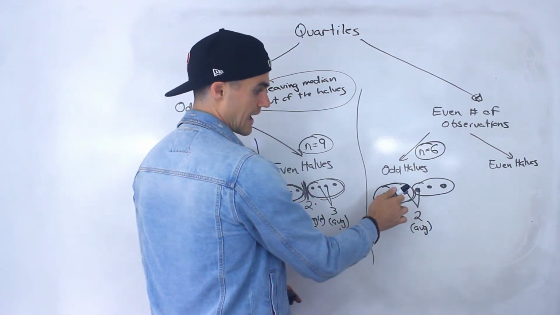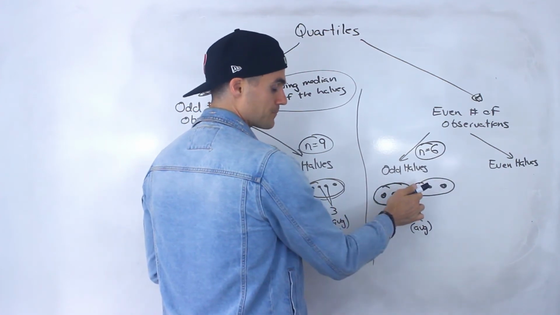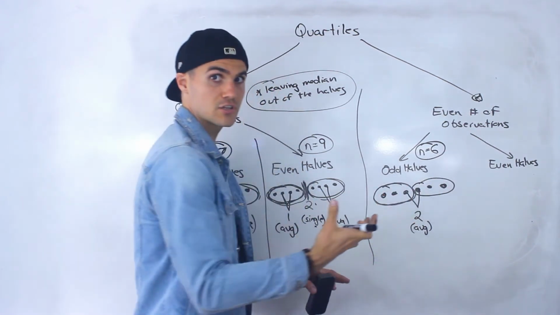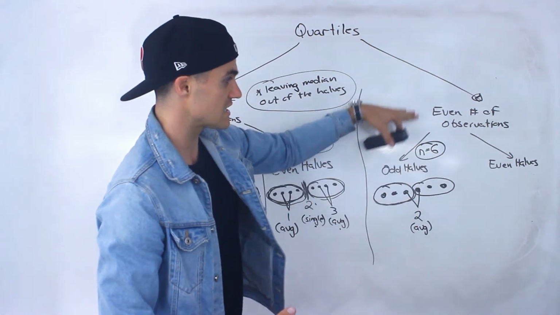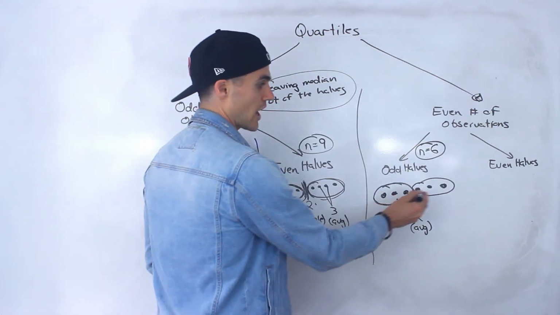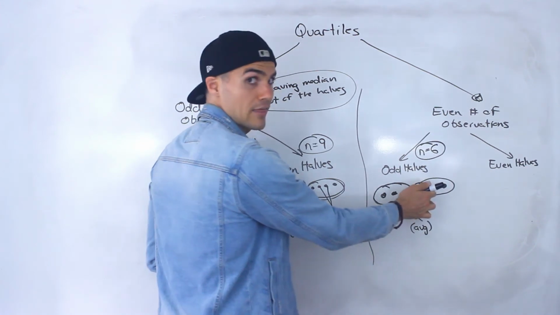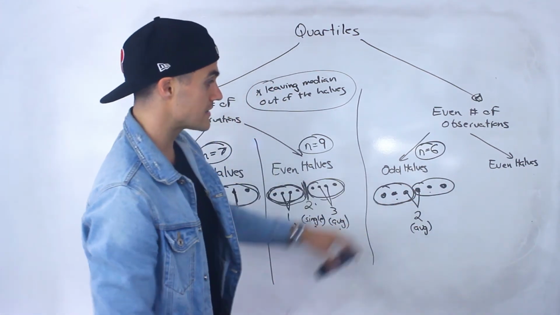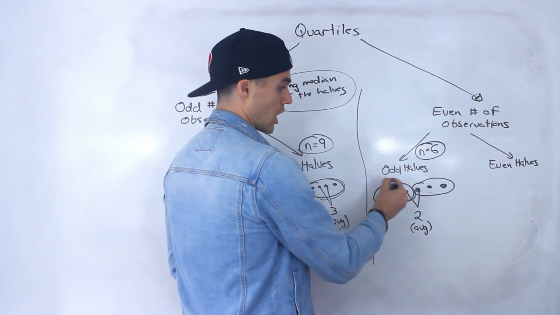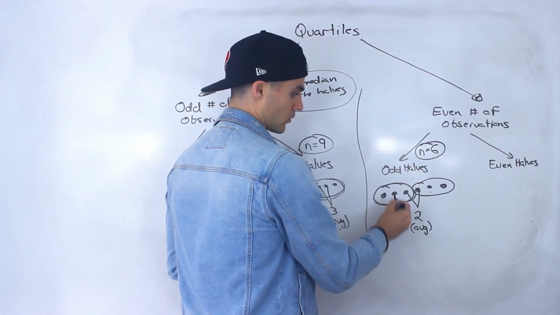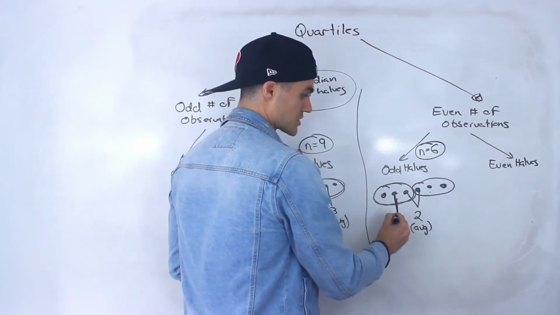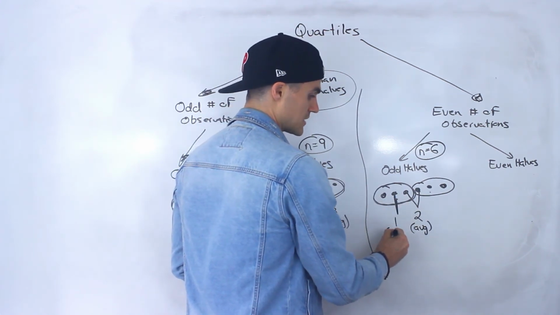So notice that the number of observations in each of these halves is odd. So the total number of observations is even at 6, but each half is odd, 3 and 3. And because there's an odd number of observations, when we calculate the median of that group of data, which is going to be the first quartile, notice that it's just going to be a single value.